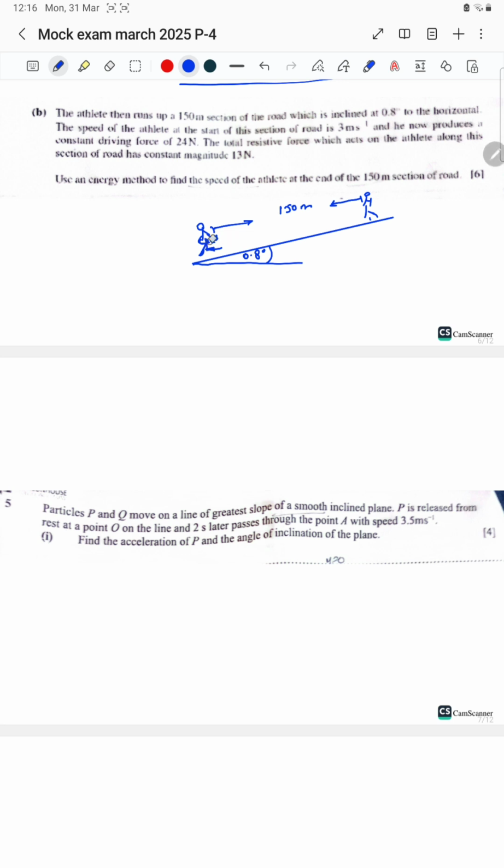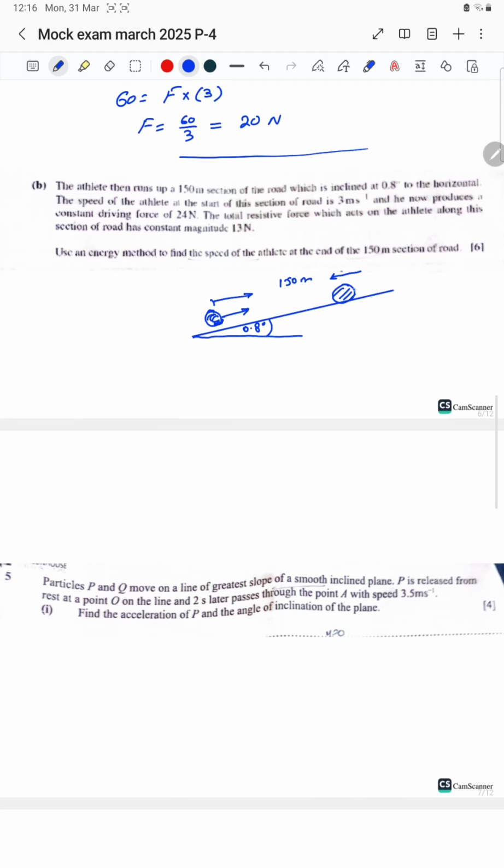If instead of this figure I draw like this, right? So the driving force is what I'm going to apply here. Because it's going up, I can write the driving force F is 24 newtons.